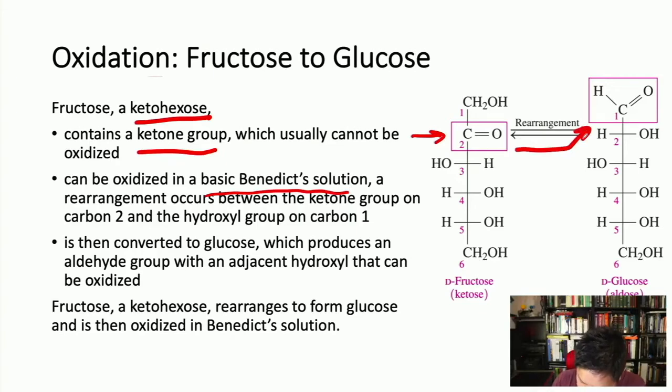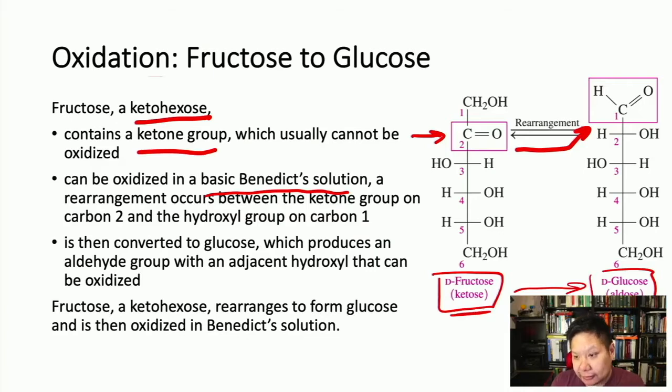And when you do that, the fructose becomes a glucose, right? No longer is it a ketose because the ketone is gone. It's now an aldose because glucose has an aldehyde right here.